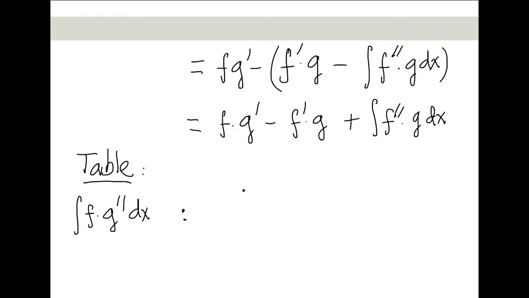The table has two columns. The first column we denote by D for derivative, and the second column will be for I, so integrate, or integral. We begin with f and then g double prime here.